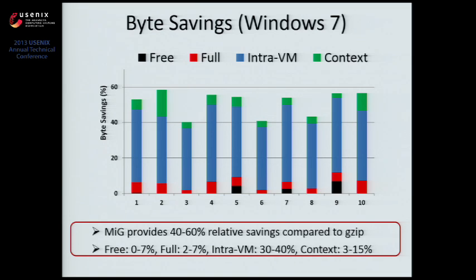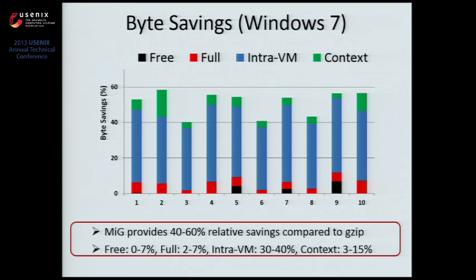So here is a graph which shows the savings. The x-axis is 10 different Windows workloads of varying memory size that users had on their desktops, and the y-axis is the byte savings that we get. Across these workloads we see about 40 to 60%, about 50% or more average savings for all users compared to gzip. So this is extra savings on top of applying gzip.